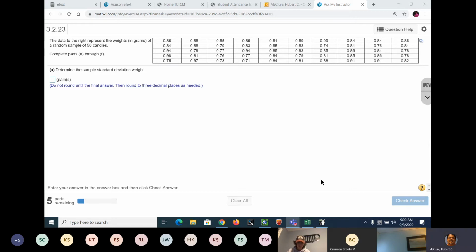Now, of course, you could use your calculator to find everything, and I realize that, but I'm going to show you how to do it by hand, with the Excel spreadsheet. I would not suggest doing it by hand because that's a lot of work. And on a test, there's no reason to have that many numbers. I don't care if it's standardized or what. This is a good homework problem, but it's not a test problem.